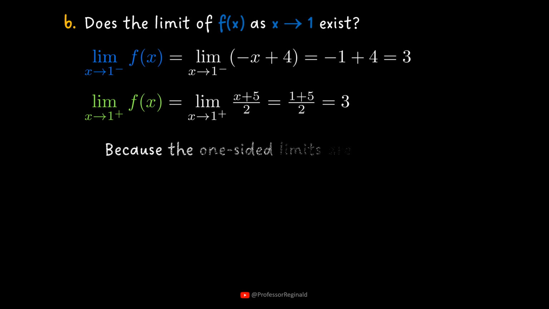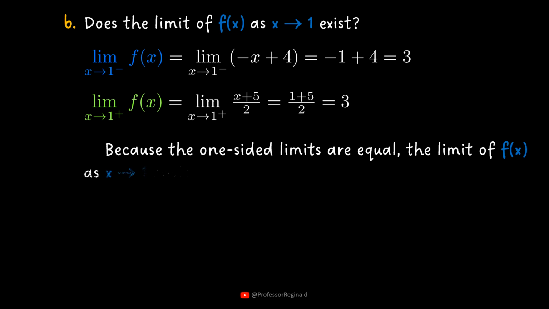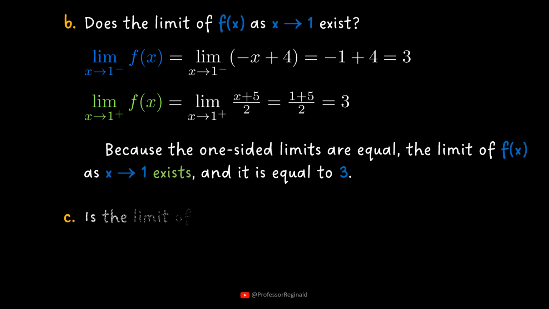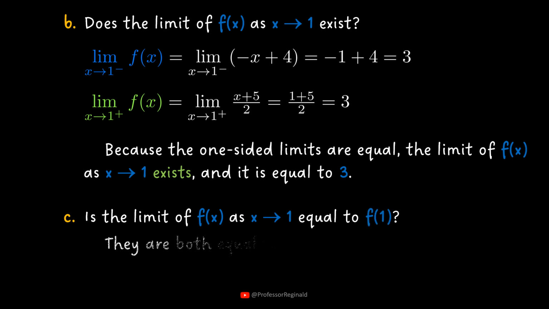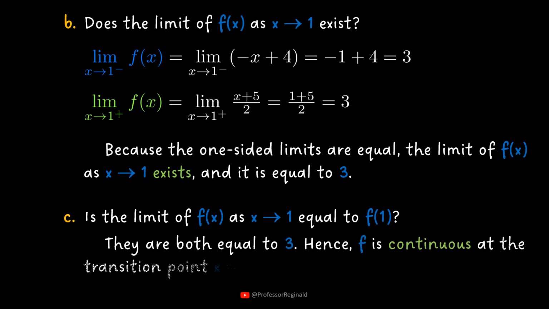Because the one-sided limits are equal, the limit of f of x, as x approaches 1, exists, and it is equal to 3. C. Is the limit of f of x, as x approaches 1, equal to f of 1? They are both equal to 3. Hence, f is continuous at the transition point x equals 1.